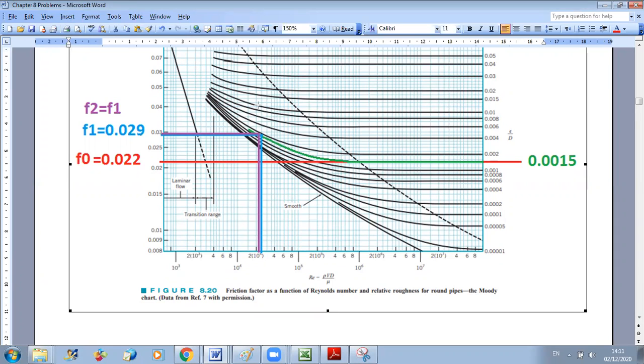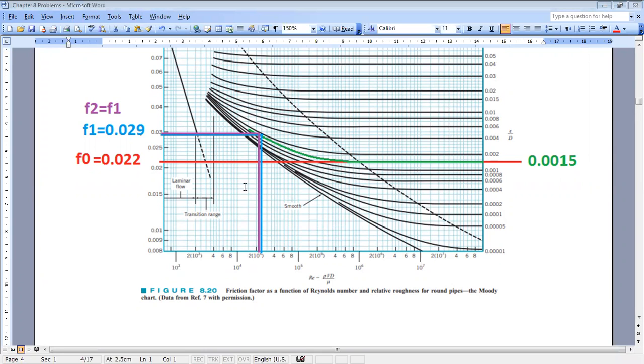This second line corresponds to 2.05 times 10 to the power 4. Its intersection with the green line is nearly the same point, because the new value is very close to the earlier one. So F1 and F2 are nearly equal to 0.029.